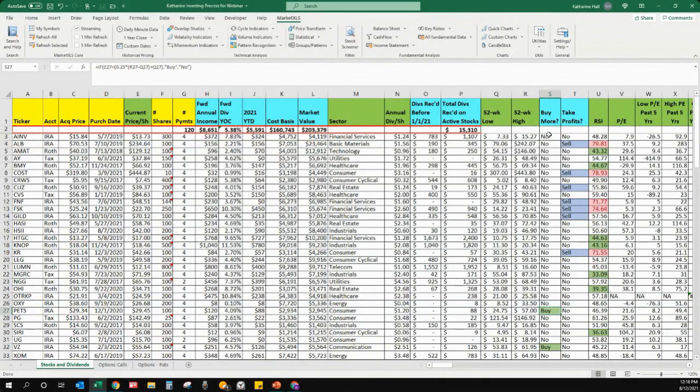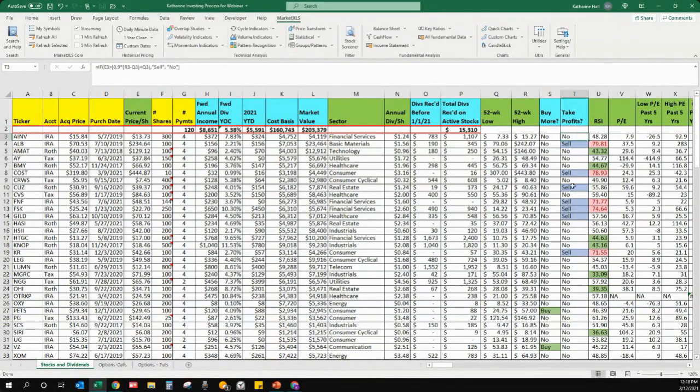Otherwise, it can say no. This 25% value that I use is completely arbitrary. It's just what I selected to represent a good place to buy more shares as one of the criteria that I might look at. With the market very high right now, there's not too many lighting up to say buy, but maybe a couple.